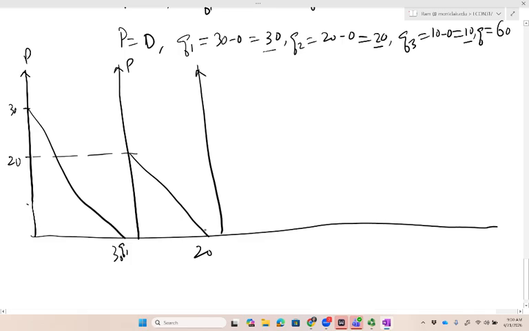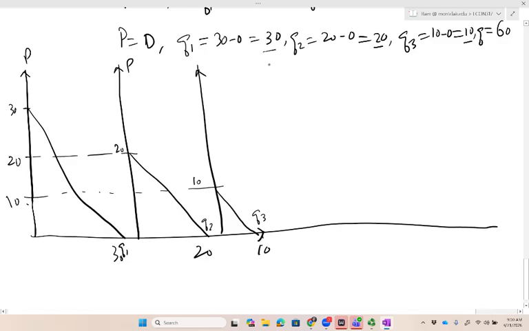So this is Q2, and buyer 3 does not buy anything till price reaches $10. So this is 20, this is 10, and will buy only 10 units as price goes close to 0. So this is buyer 3.